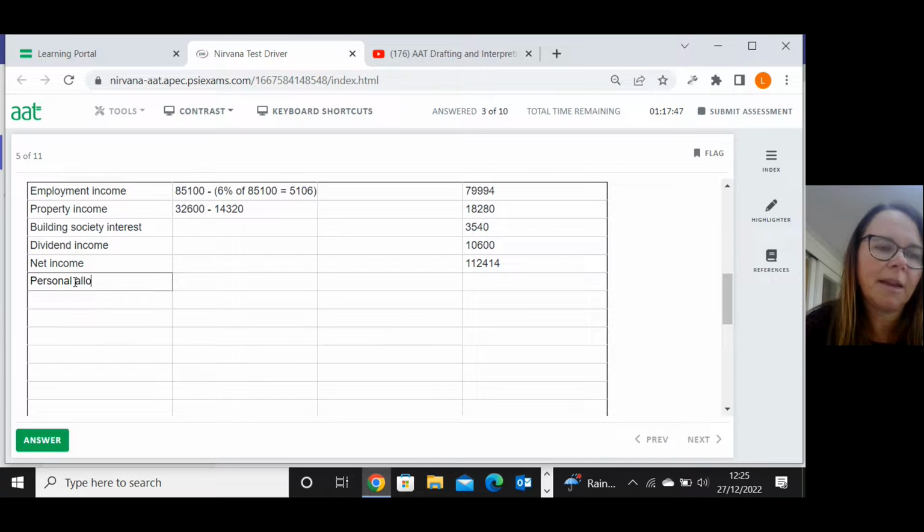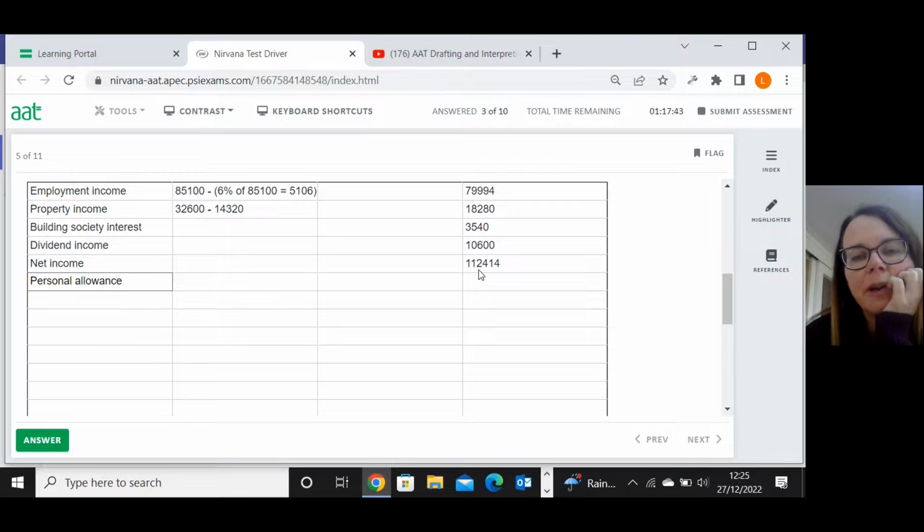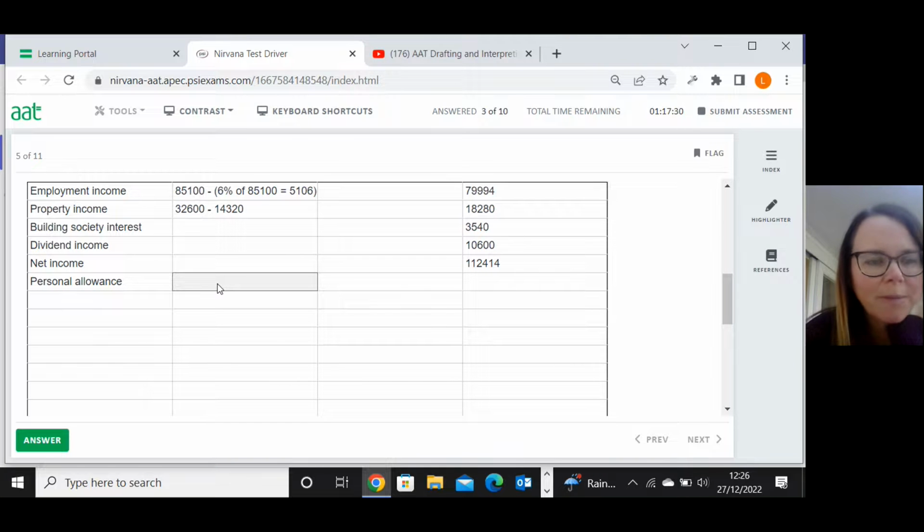So thinking about our personal allowance, we know that we have to do half the excess subtracted from the annual personal allowance amount, but we've also got to remember about that personal pension contribution. So I'd probably be showing some kind of working the best I can in here.